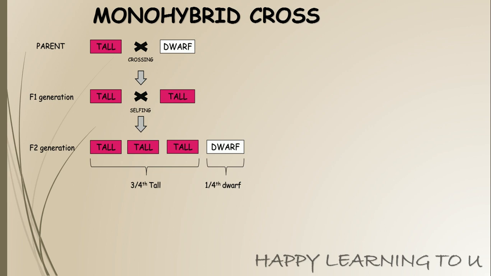Now, what Mendel's experiment involved was crossing between a tall parent and a dwarf parent, which ultimately led to the F1 generation, wherein it was observed that both the offspring were tall. The characteristic of only one parent, that is the tall parent, was expressed at the F1 generation, and the dwarf character of the other parent was not expressed.